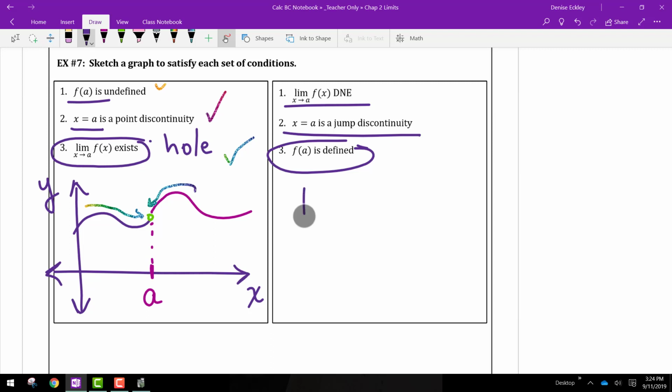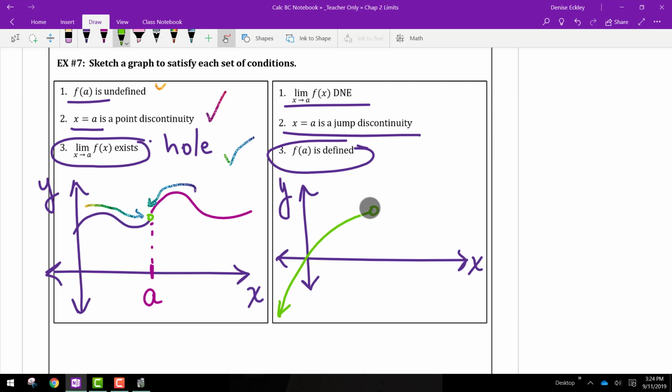And again, hopefully your graph has the same characteristics as mine, but doesn't necessarily have to look exactly like mine. So let's see, something like that. Okay, so here's my A.